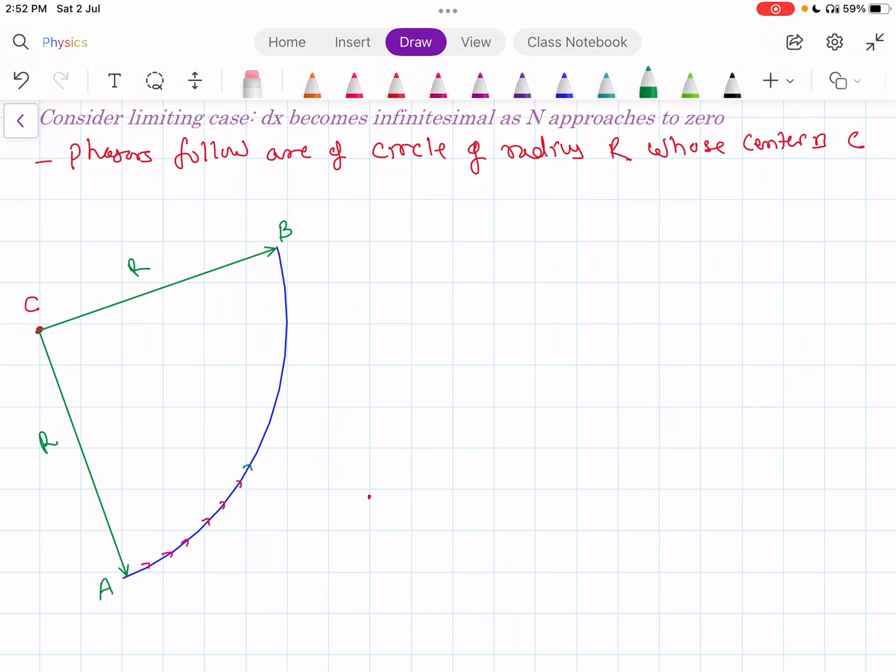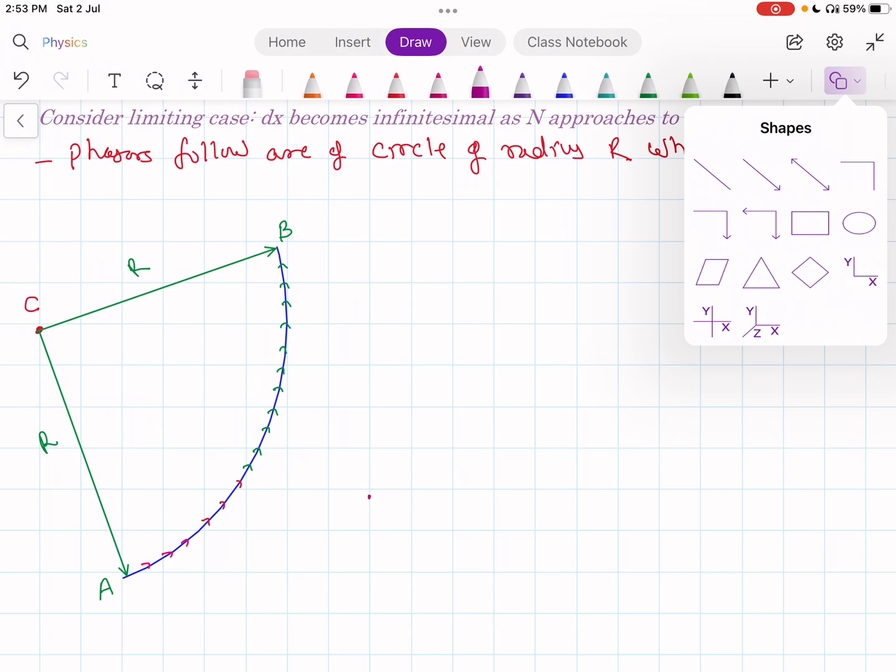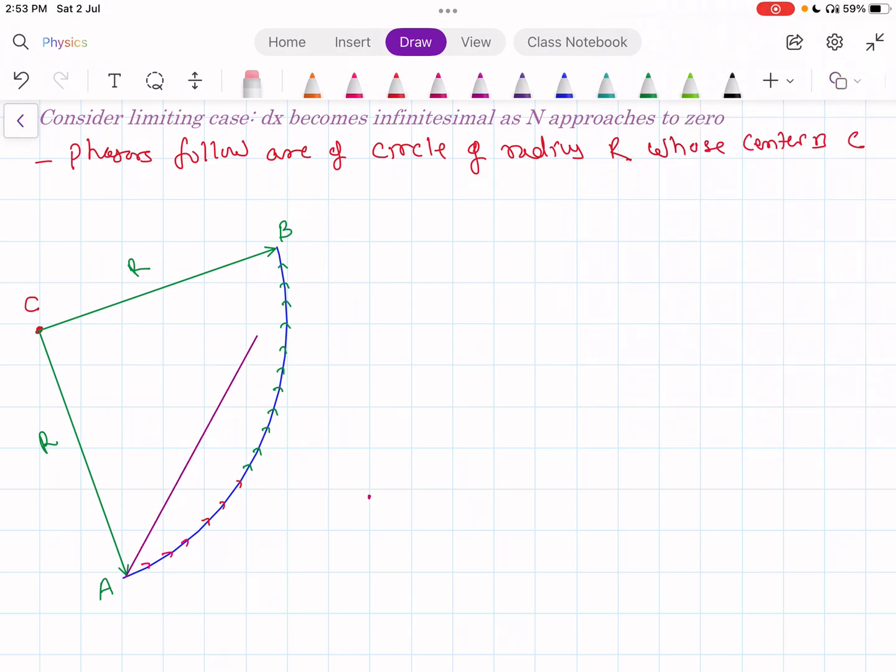On this arc, there are n number of phasors lying one after another, and the phase difference between the adjacent phasors is delta phi. And the resultant of these phasors is the chord. So this is the chord. Let us say the length of the chord is ER and the length of the arc is EM.